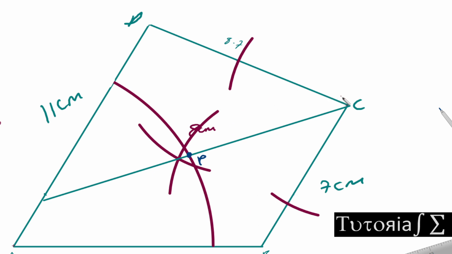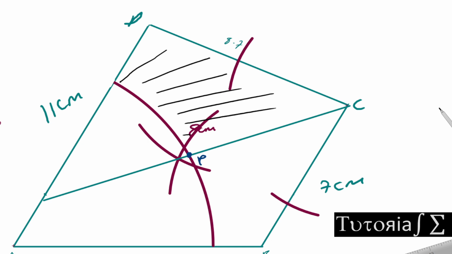And nearer to CD will be this area. So we shade. This is where our Q is. So Q there, and we are done with the construction question.